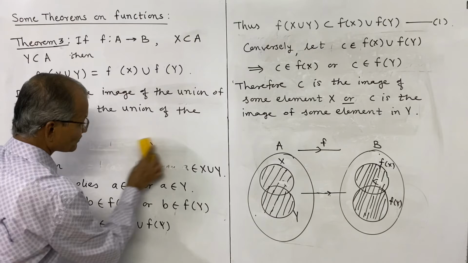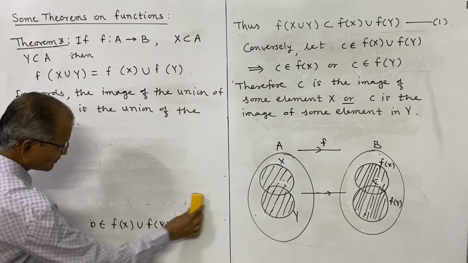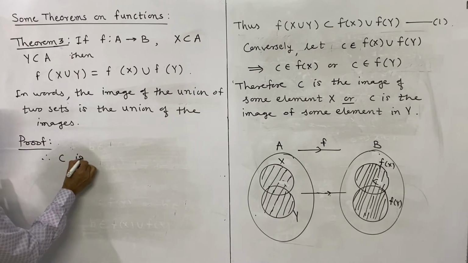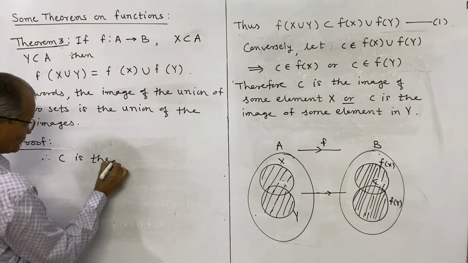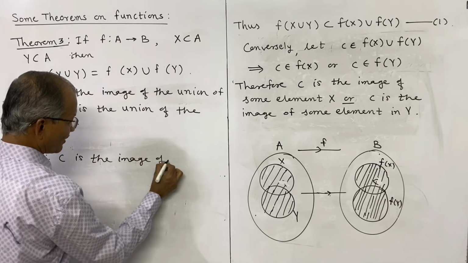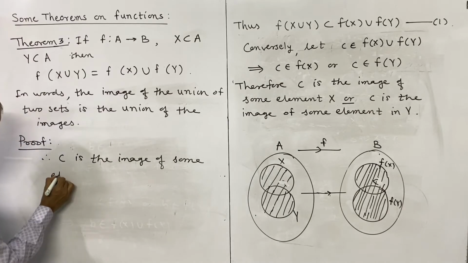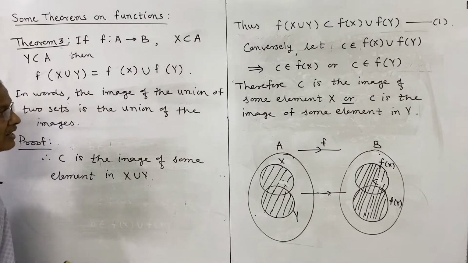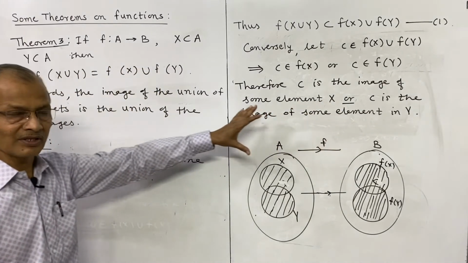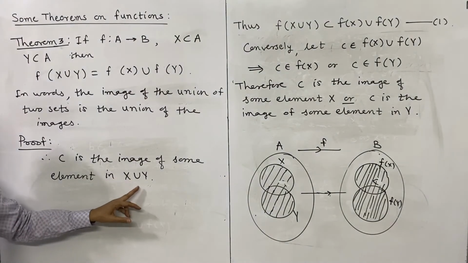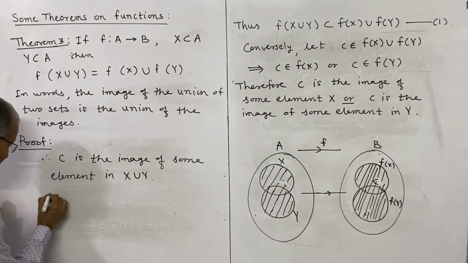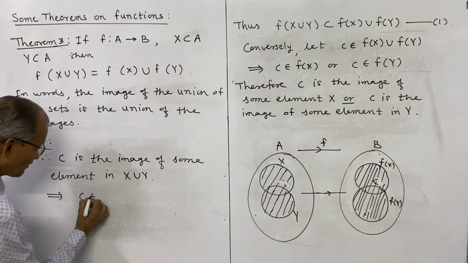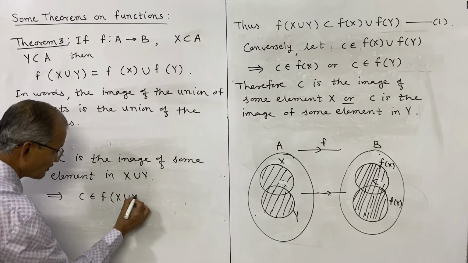And therefore c is the image of some element in x union y. Some element in x or some element in y means some element in x union y, and this implies c belongs to the image of some element, that is f of x union y.